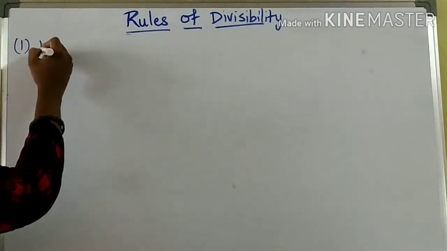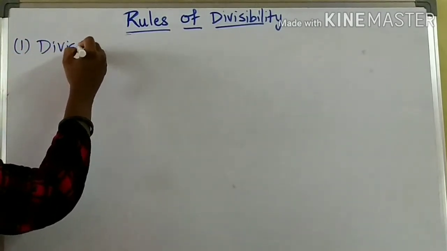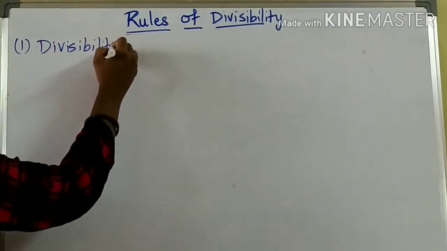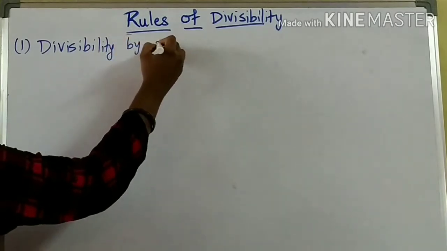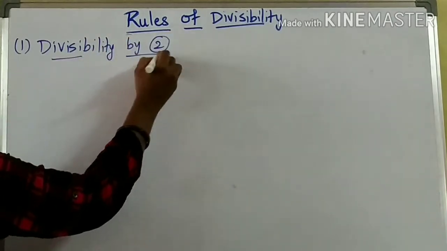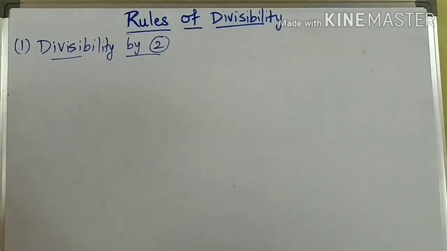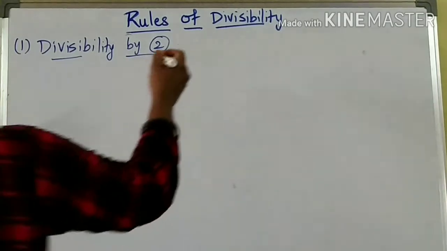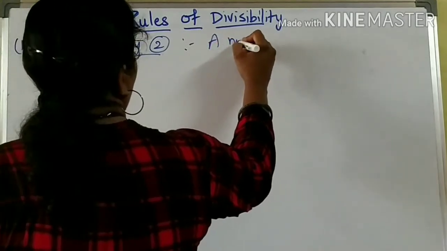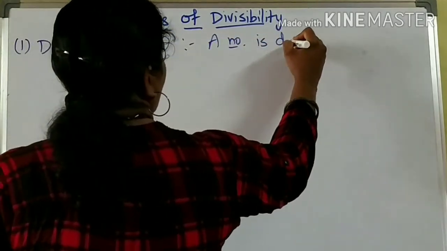First one, we are going to discuss divisibility by 2. Divisibility rule by 2: a number is divisible by 2 if its ones place has 0, 2, 4, 6 or 8. Very easy.